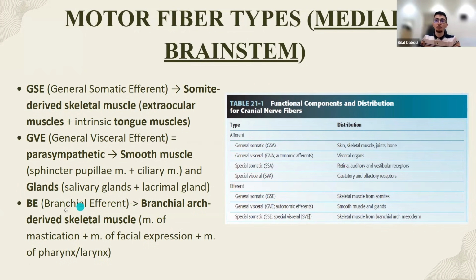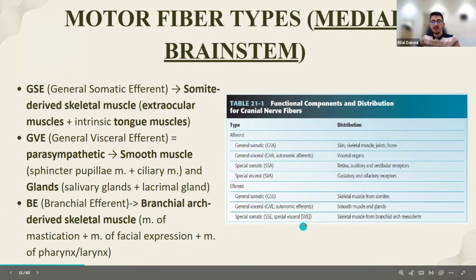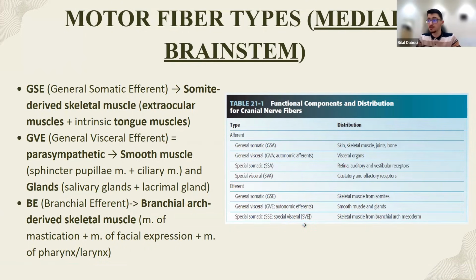For BE or branchial efferent, when you see BE, SSE, SVE, they're synonymous. It's the same type of fiber, only different terms. But why do I prefer to use the term branchial efferents? Because it supplies branchial arch-derived skeletal muscle. In the head and neck region, especially, we have special muscles that are derived from pharyngeal arches or branchial arches.